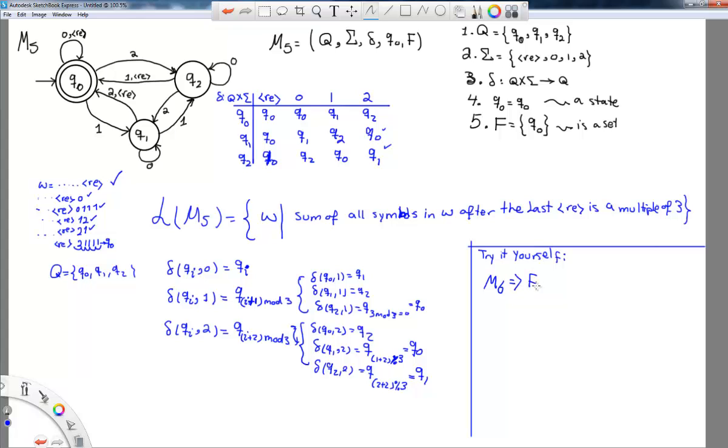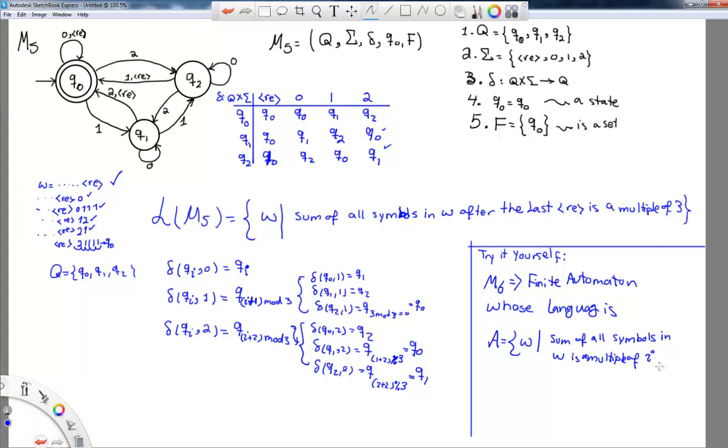So this is a finite automaton whose language is the set A of all strings w such that the sum of all symbols in w is a multiple of i for some natural number.